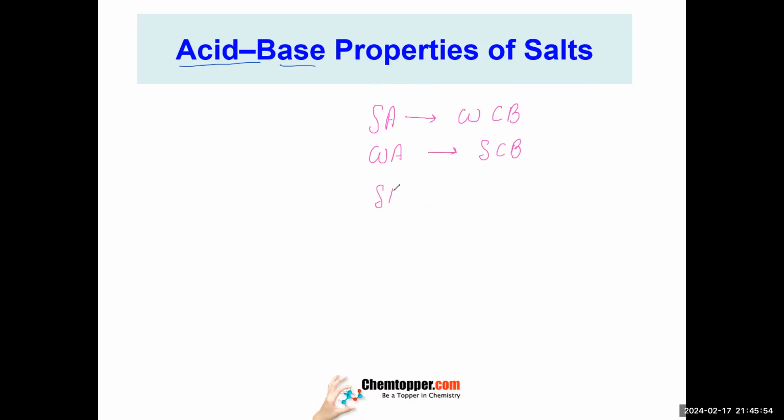A strong base will give you a weak conjugate acid. A weak base will give you a strong conjugate acid.